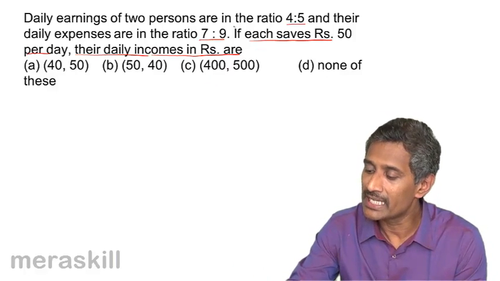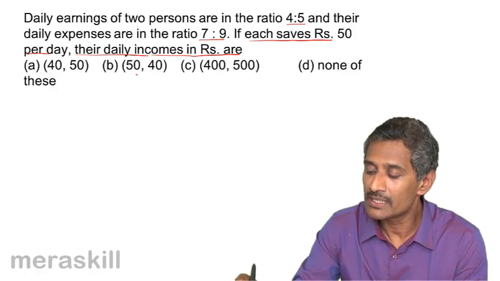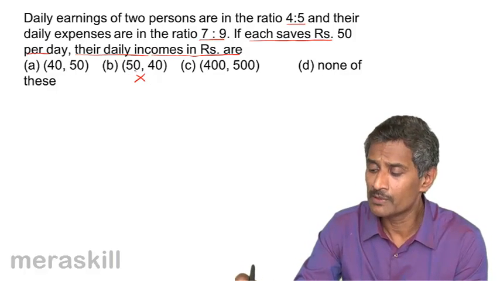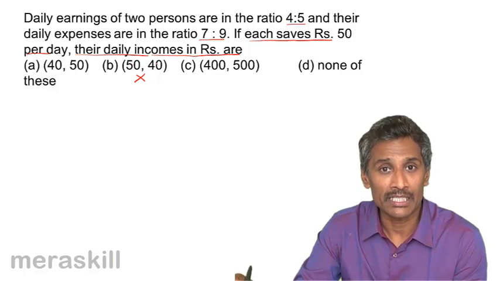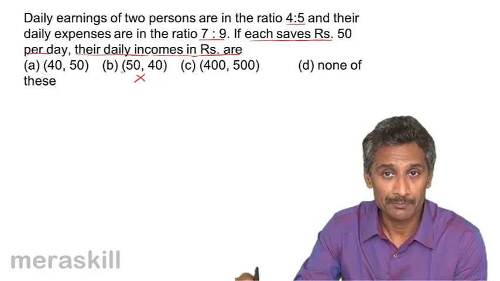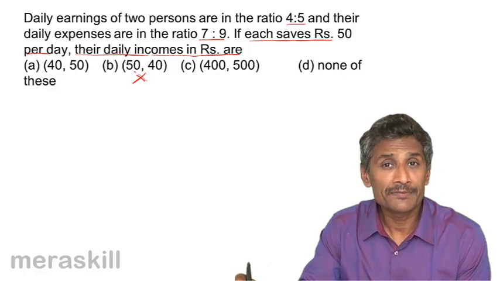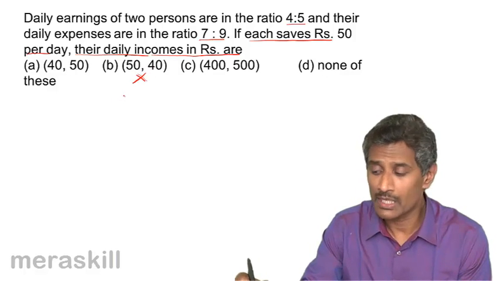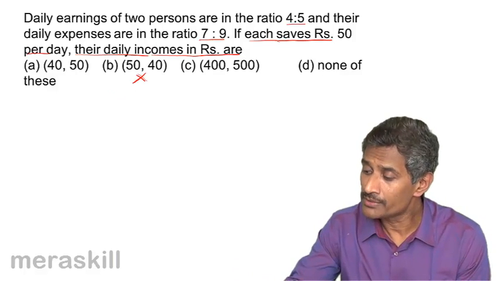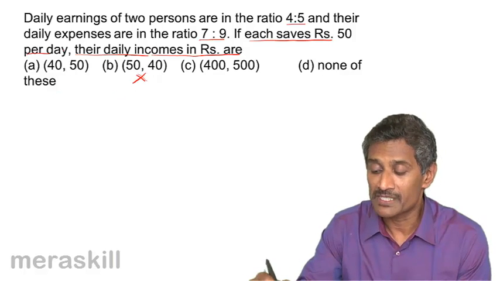Now it's told the daily earnings of two persons are in the ratio 4 is to 5. So this in any case is not possible, because here the earnings are in the ratio 5 is to 4. So this is absolutely out of question. Okay, so 50 and 40 is definitely ruled out. Now it's also told that each saves rupees 50 per day.